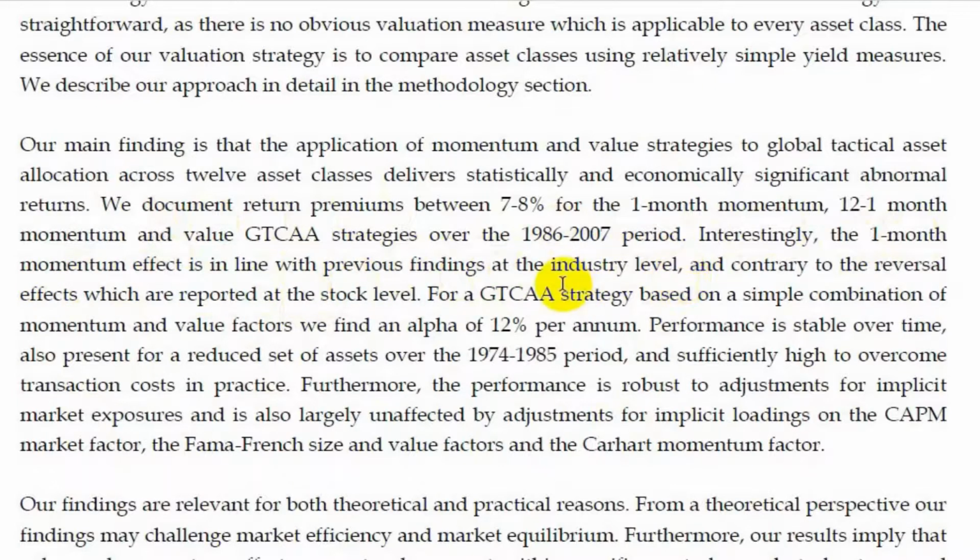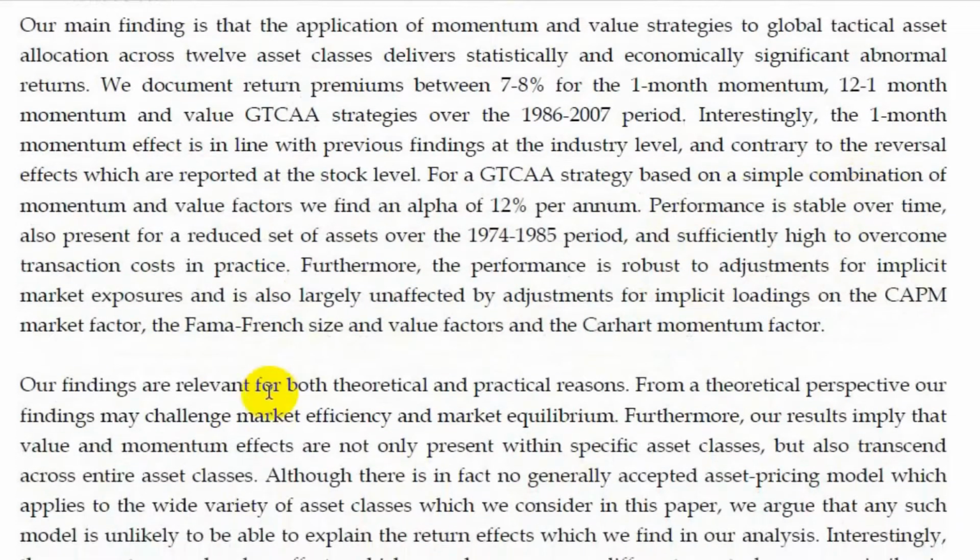And even when they combine momentum and value factors, they get an alpha of 12% per year. And that performance is stable over time and even overcomes transaction costs in practice.